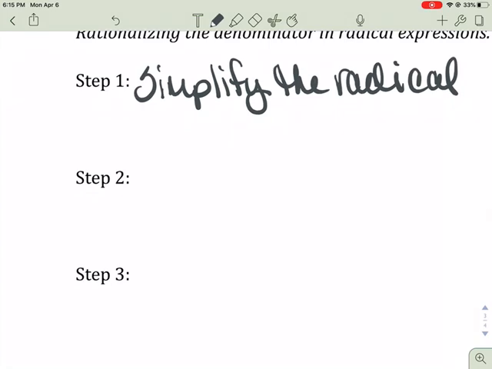So what we want to do is create an equivalent fraction by multiplying the numerator and denominator by what's going to make the denominator, whatever's in the radical, a perfect root.